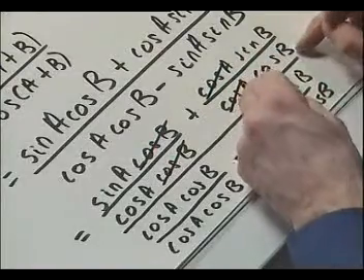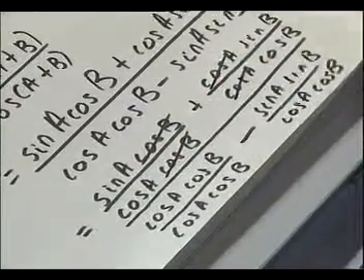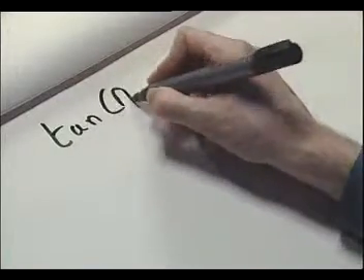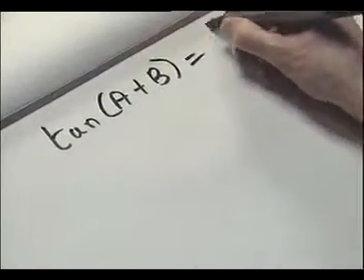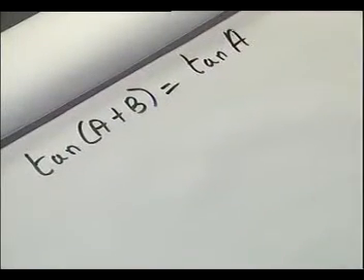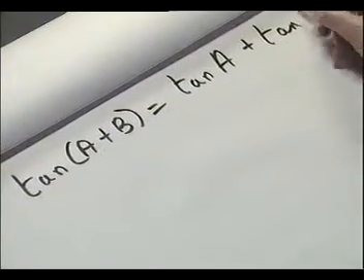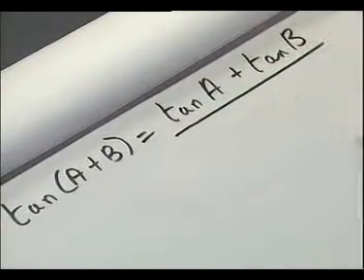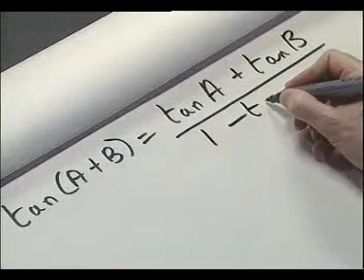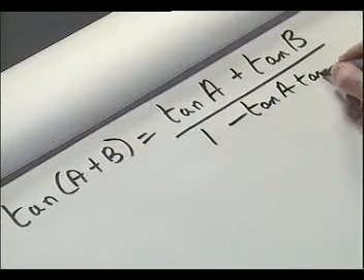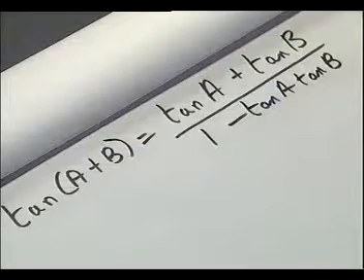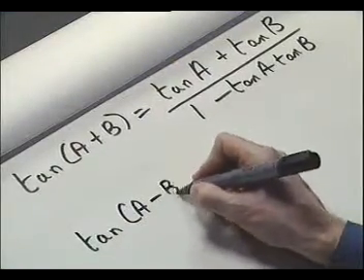Sine B over cos B leaves me with tan B. So what we end up with is the tan of A plus B is tan A plus tan B all over 1 minus tan A tan B.